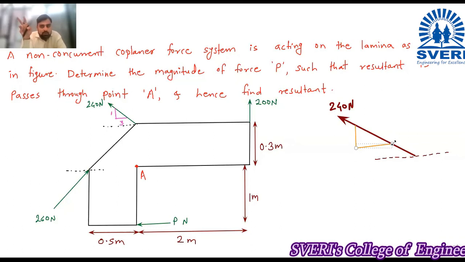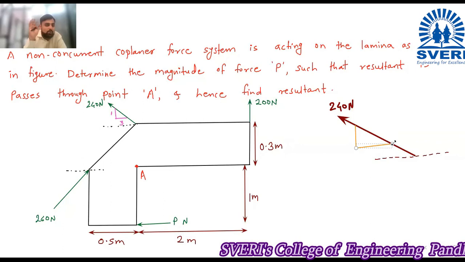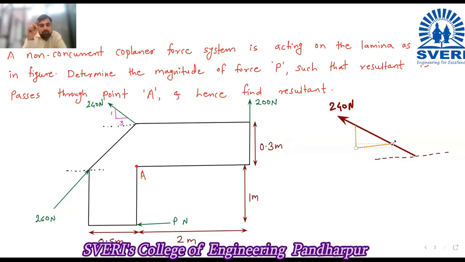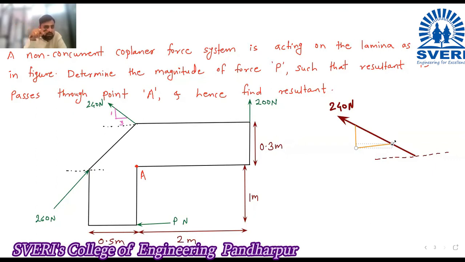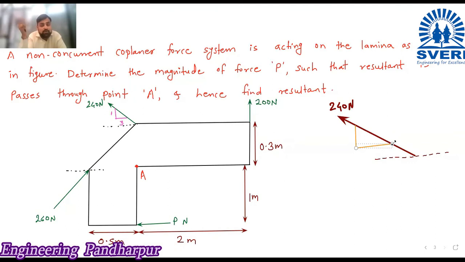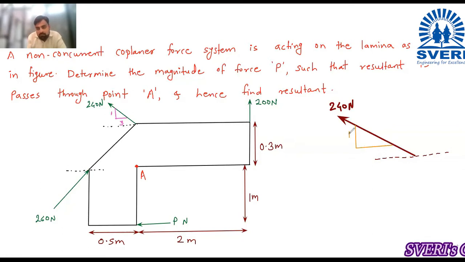So the slope is given as 1 in 3. It is called the gradient. You should read it as 1 in 3. It implies that 1 is vertical, 3 is horizontal. First is always vertical, second is horizontal while telling the slope. So I will write over here, this vertical is 1 unit and this horizontal is 3 units.